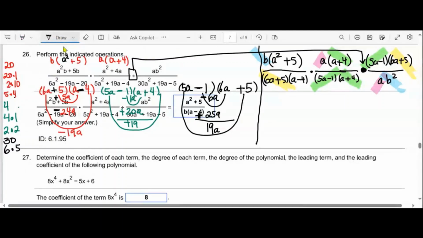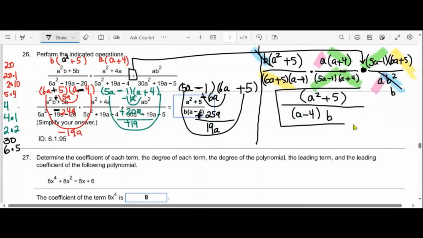So what's left, Khalid? Yes, doctor. What is left? A squared plus 5 over a minus 4 or b. When you cancel out, what is left is a squared plus 5 over a minus 4 b. Easy? Yes.